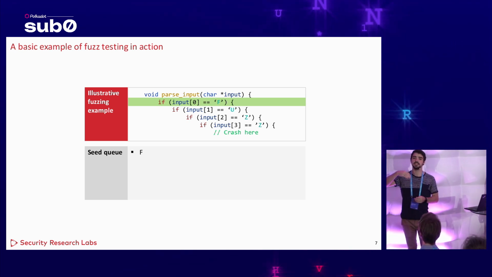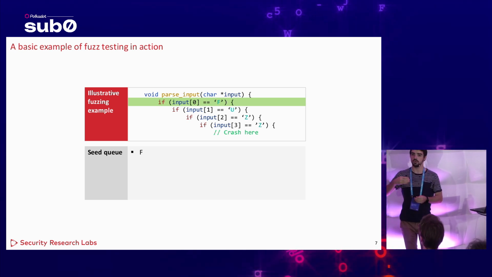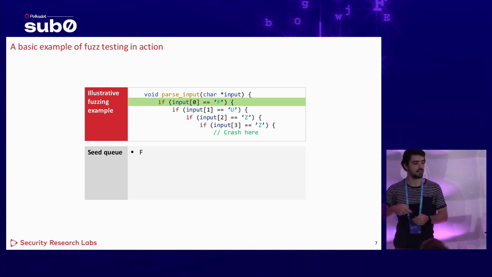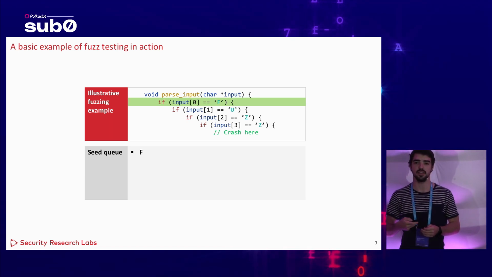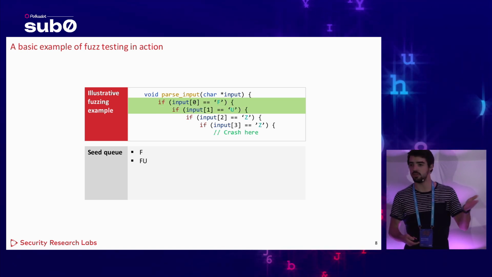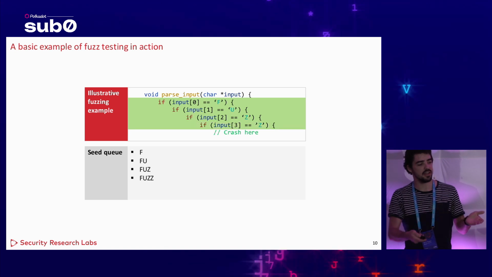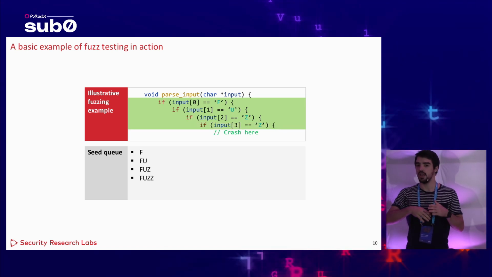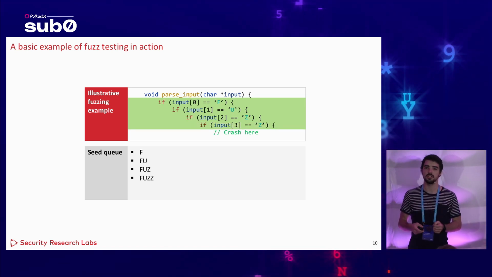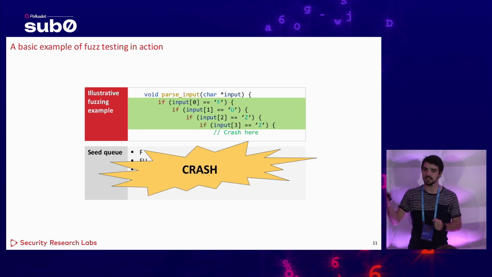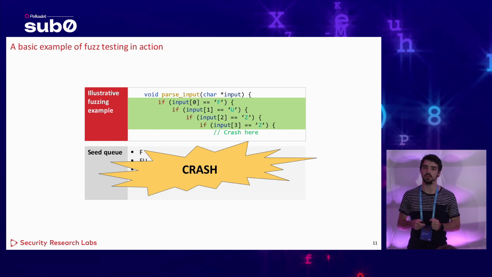So this is definitely an interesting input. So the fuzzer will continue by directly taking F and adding more data to it. At some point, it will be the same with FU, continue with FU, until you have FUZZ, and here we can imagine that a crash condition occurs, and then we have a crash, and the fuzzer will say that this is an interesting thing that we have to take a look at.